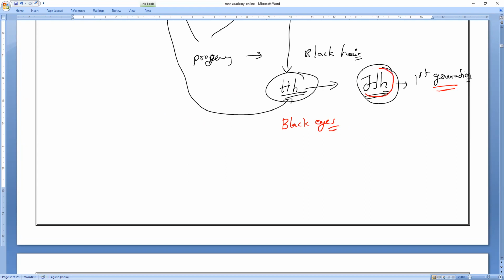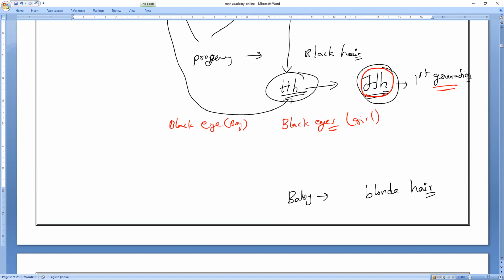So he also has black eyes, and he married a girl who also has black eyes. Now they got a baby, and the baby has blonde hair.